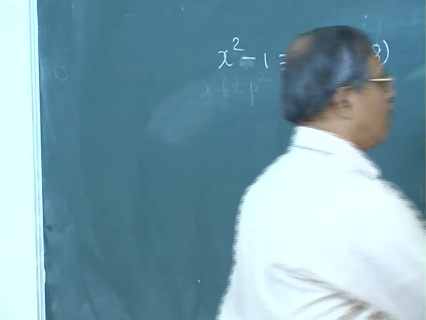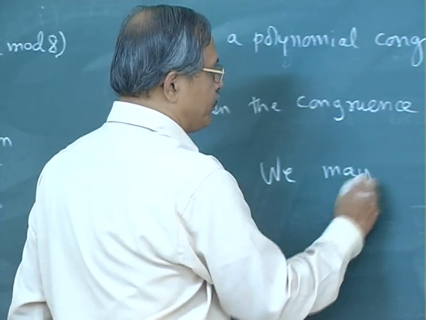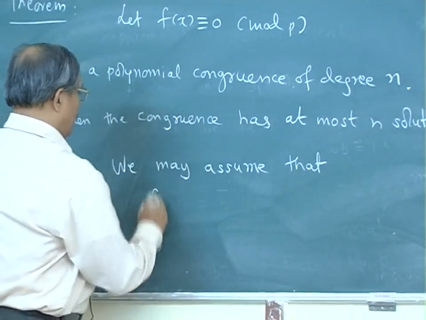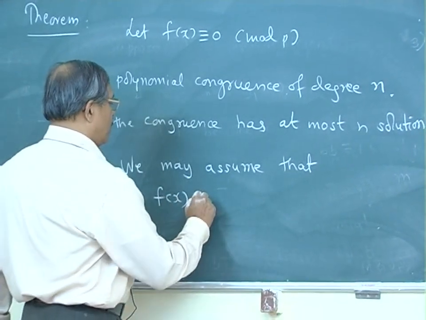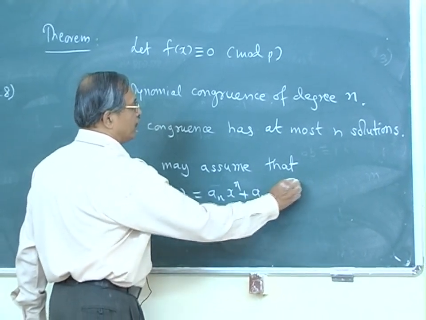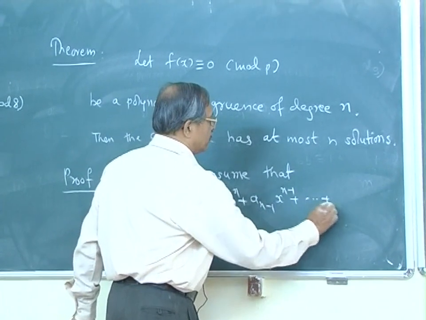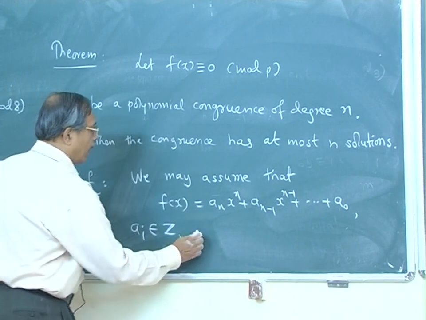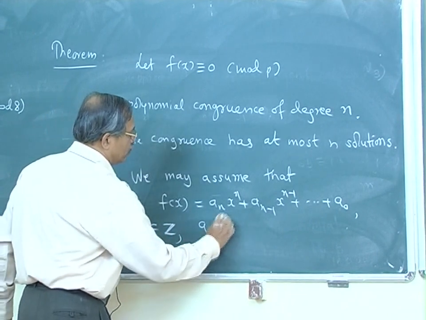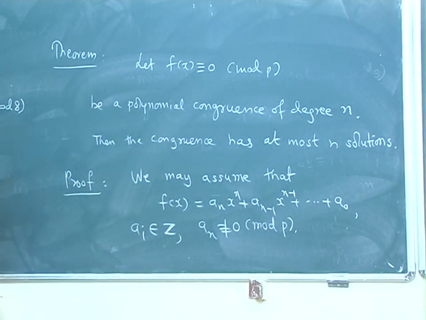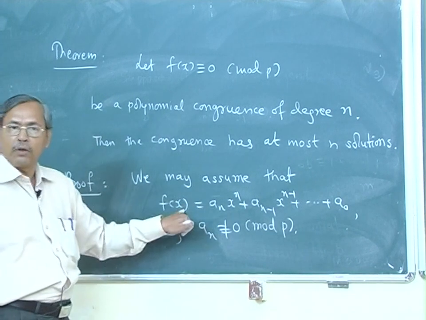So we may assume that fx equal to a n x raised to n plus a n minus 1 x raised to n minus 1 plus etc. plus a naught, ai belonging to Z, and a n not congruent to 0 mod p. Okay. This is what, without loss of generality, we can assume that the polynomial is of this form.